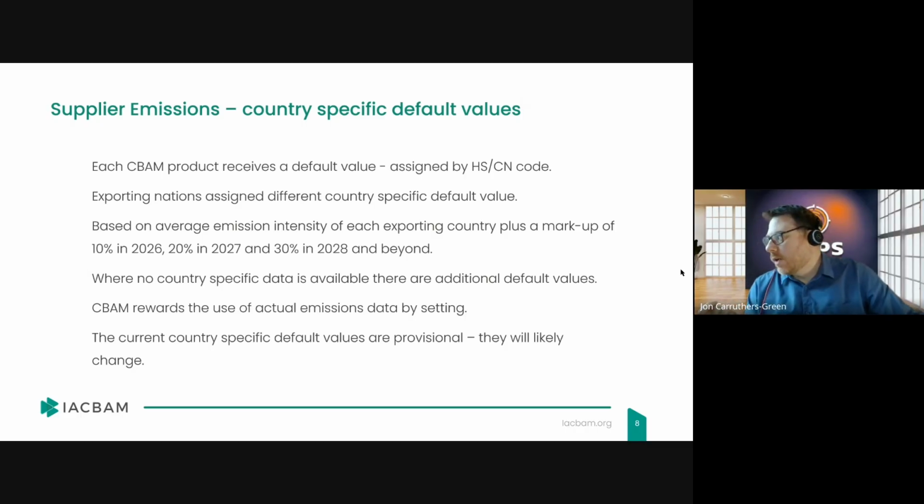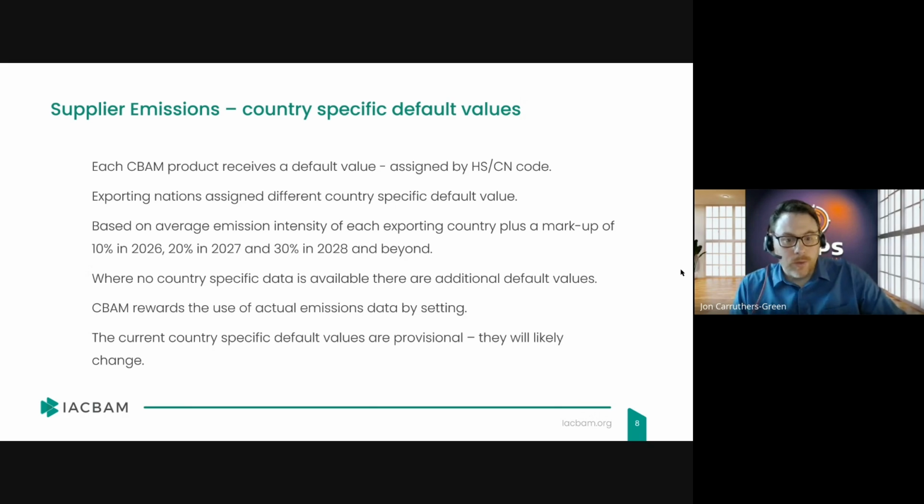There is also an additional table. If the country is not just unspecified but unknown, then there are even higher default values to use. The intention there, once again, is to incentivize the use of accurate data and ultimately to use actual emissions data.